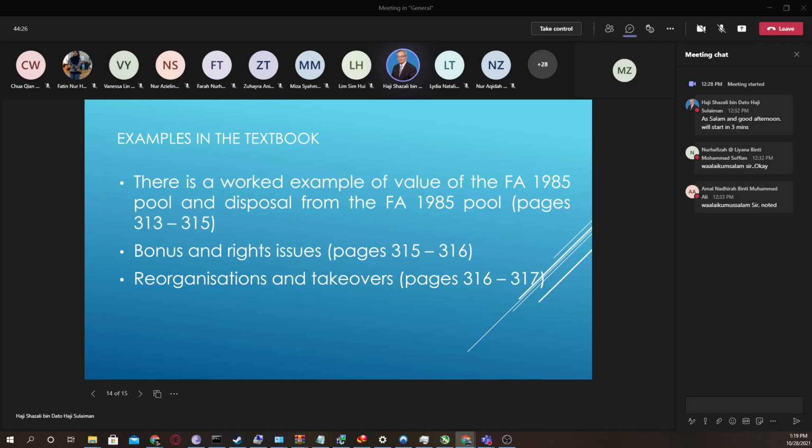So I think that's basically it, really. The important thing with these two chapters is the matching rules, how the share pool for individuals is very straightforward. You just add or take away additions and disposals in the proportion of the disposal.